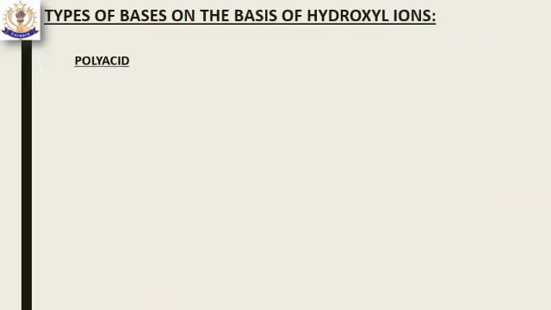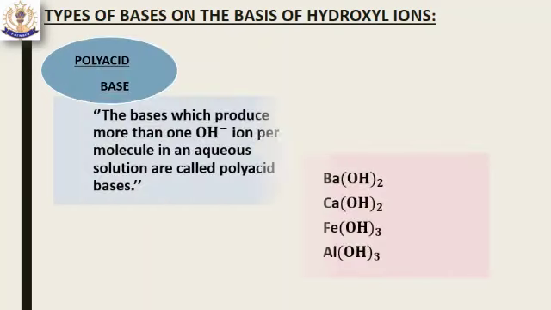On the basis of hydroxyl ions, the second type of base is polyacid base. Its definition is the bases which produce more than one hydroxyl ion per molecule in an aqueous solution are called polyacid bases, meaning these bases have more than one hydroxyl ion per molecule. Let's see the examples. Here, barium hydroxide has two hydroxyl ions.